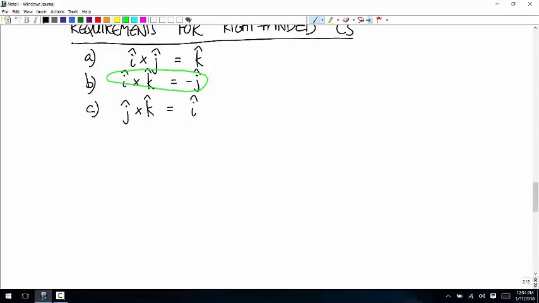Okay, so cross product. Here are the things to notice about the cross product. First, the cross product of two parallel vectors is 0.